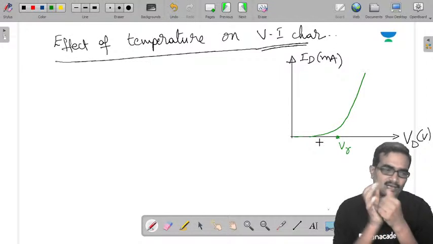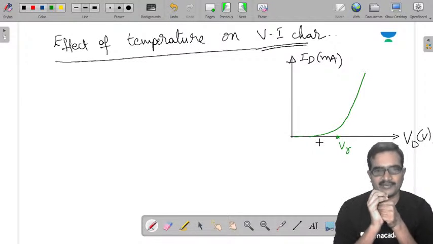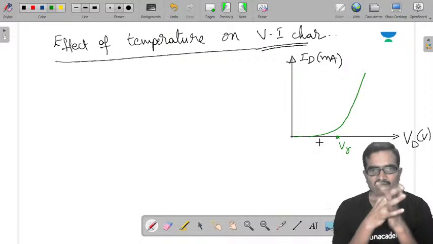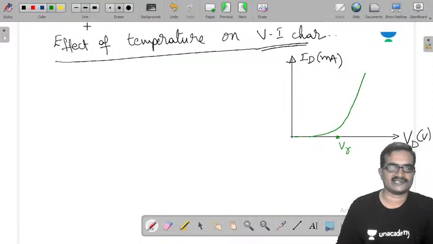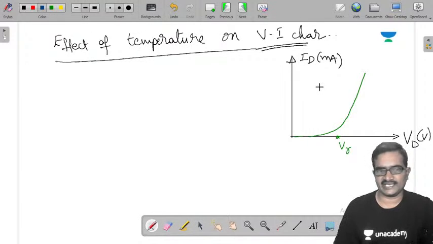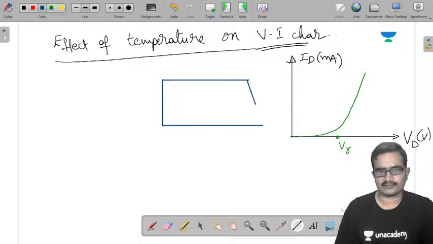Okay, if I increase the temperature in a PN junction diode, what happens? Just see this. Here we have a depletion region.